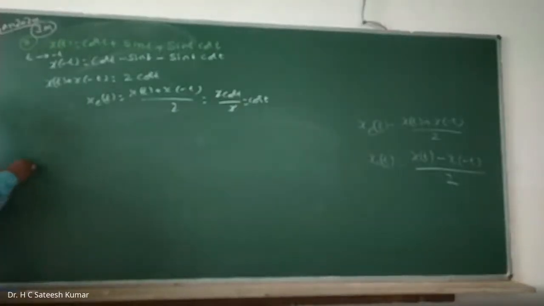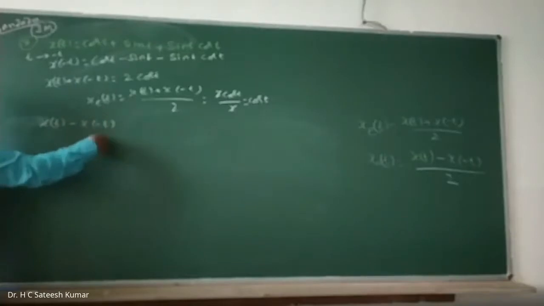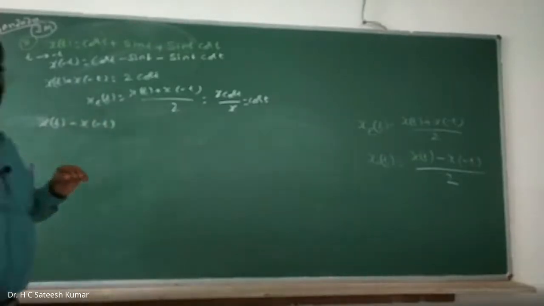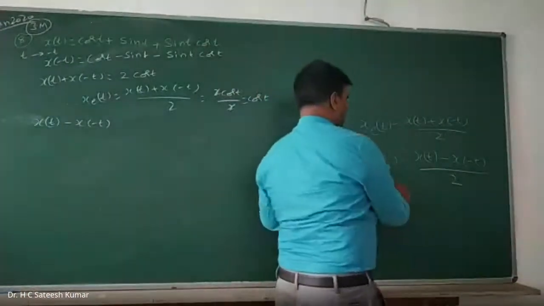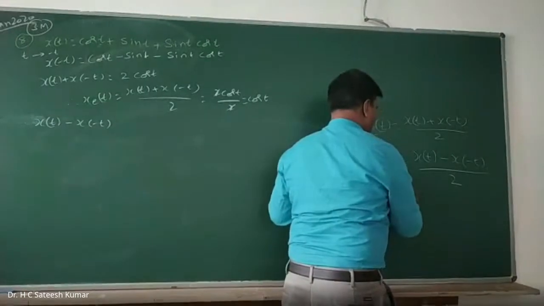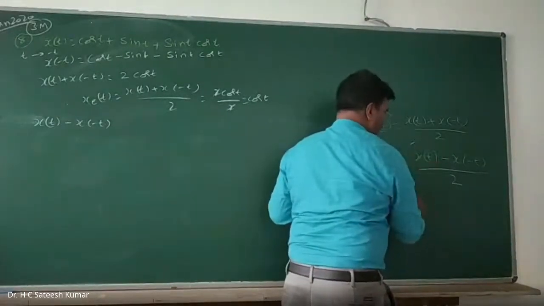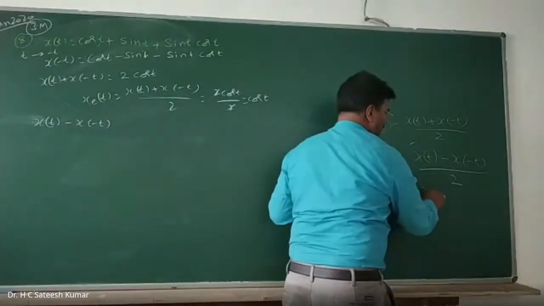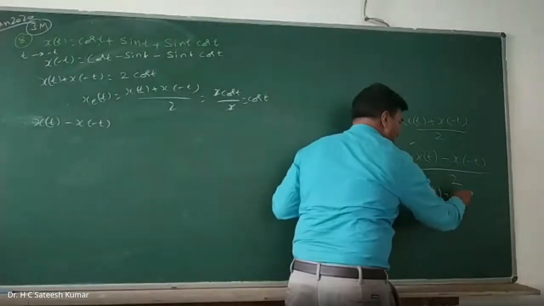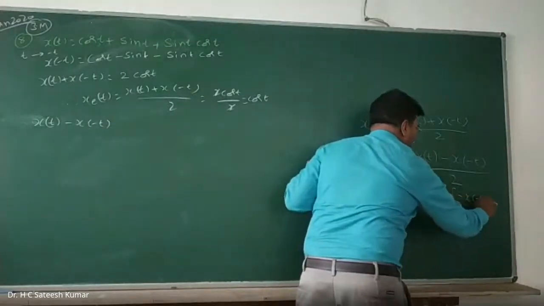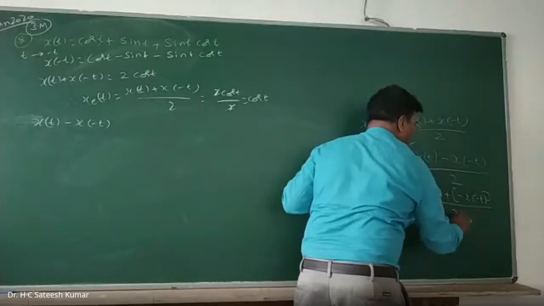If you want to find xo of t, what you should do is x of t minus x of minus t. Whenever you are doing the formula method, you use this kind. Whenever we are doing graphical, xo of t is x of t plus or minus x of minus t, and I'll use plus so that it is very easy for me to add.